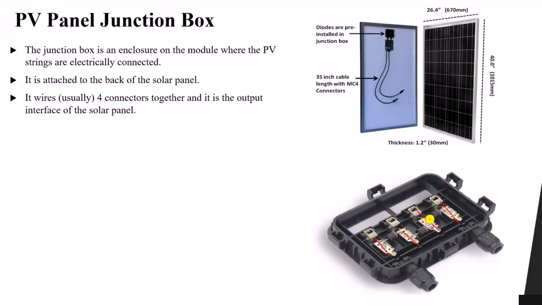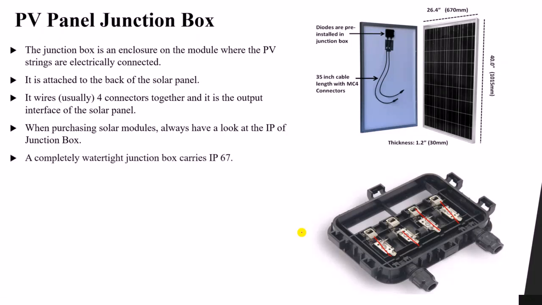Now what does this even mean? You will understand in the next slide. When buying solar modules, we have to look at the IP, or the ingress protection, of the junction box. It has 2 numbers, one representing the protection against liquids and the other representing the protection against mechanical stress.